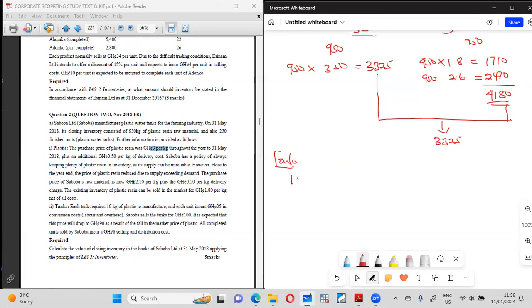So if you need 10 kg, multiplying it by 3, then it means you have what? 30. All right. Then we are also told that each unit will incur 25 conversion costs. We know conversion cost is part of the cost of the asset. So we have conversion cost, which is 25, not 20, 25. So that is the cost.